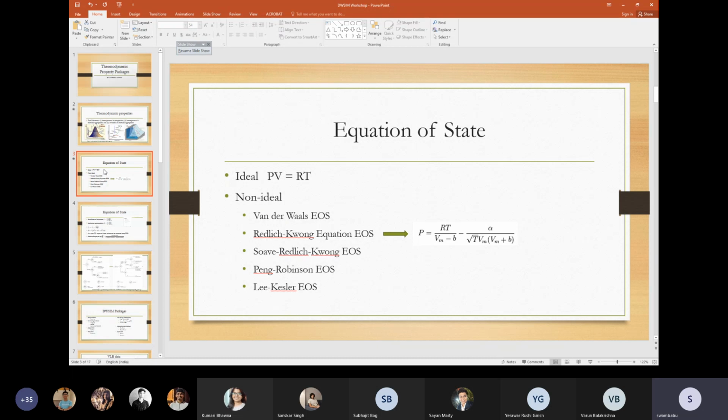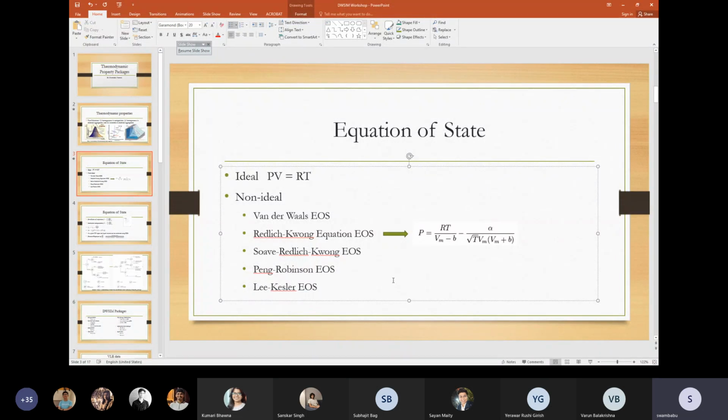Of course, they have made assumptions. Different people have made different assumptions, and they have developed different equations of state. So you might have seen in thermodynamics the Redlich-Kwong, Soave-Redlich-Kwong, Peng-Robinson, and Lee-Kesler equations of state. Different people have taken different types of components and studied them.